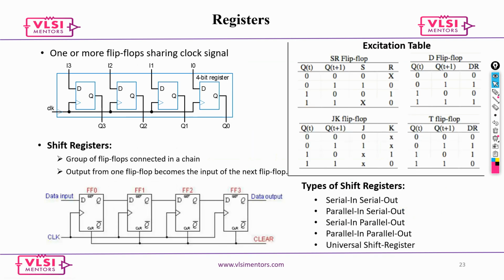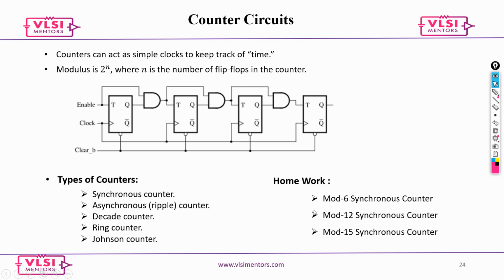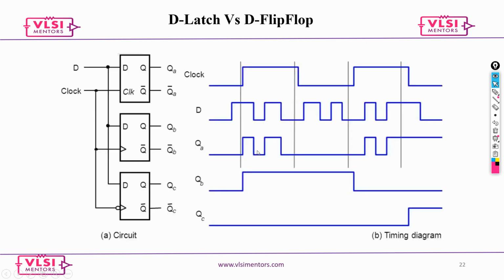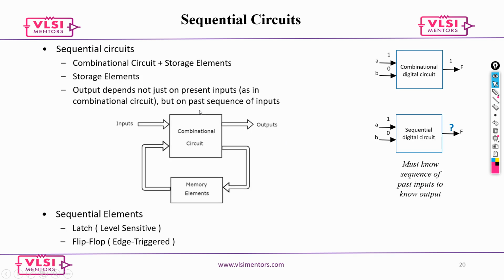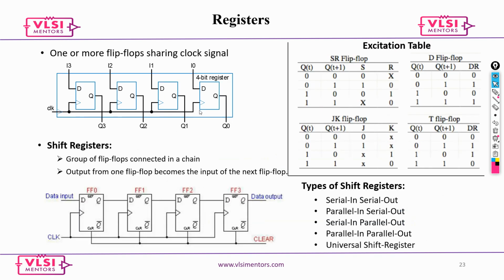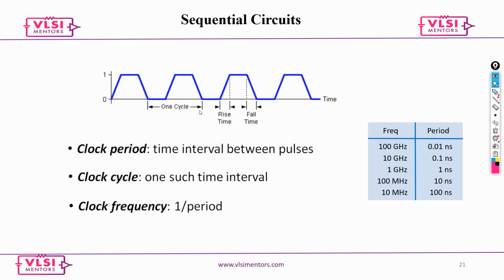Tomorrow, in the next class, we will see registers and counters, and we'll wind up sequential circuits next week. Today we will just go over the basics of sequential elements, and how we convert clock period to frequency and frequency to clock period, and the other basic things. Okay, we'll take a 5 minute break and then we'll connect again.